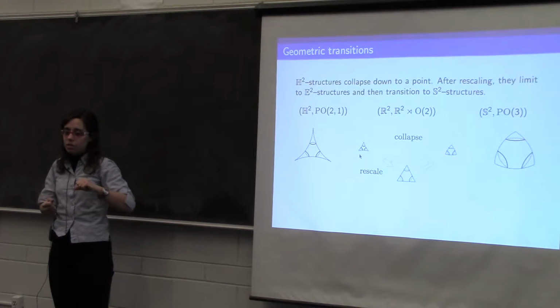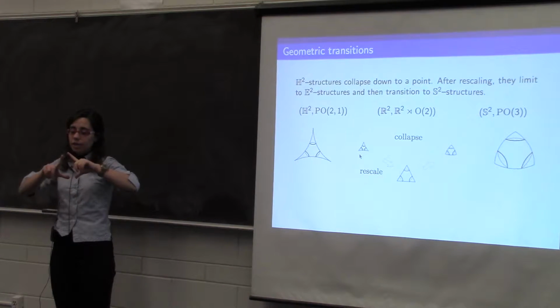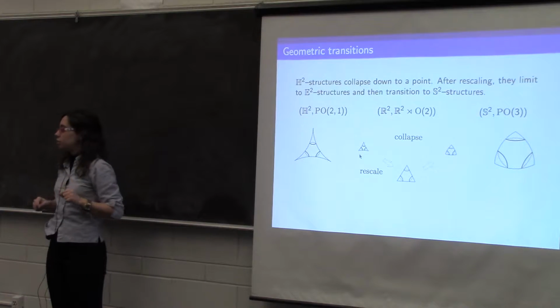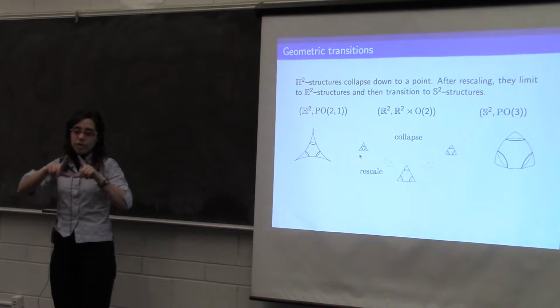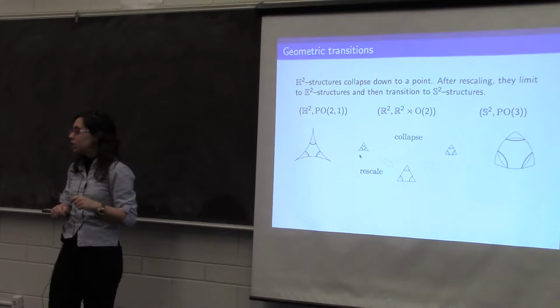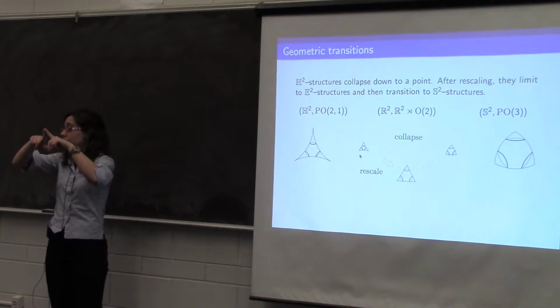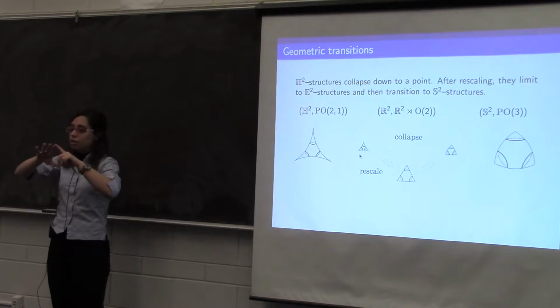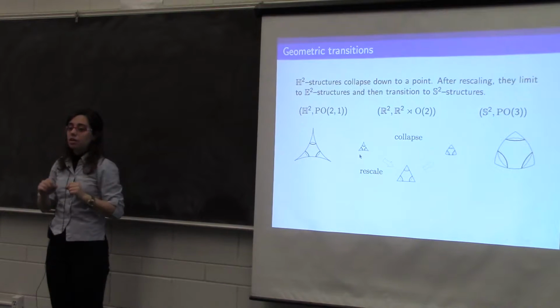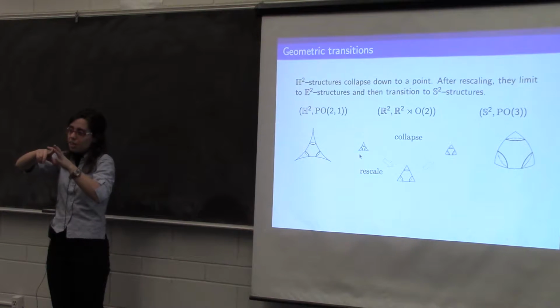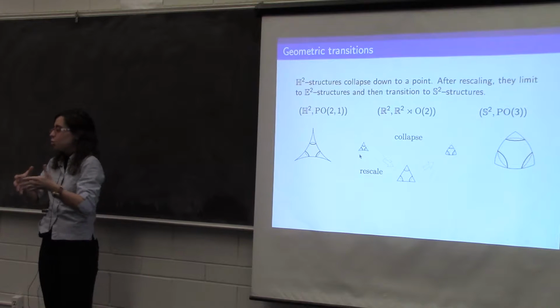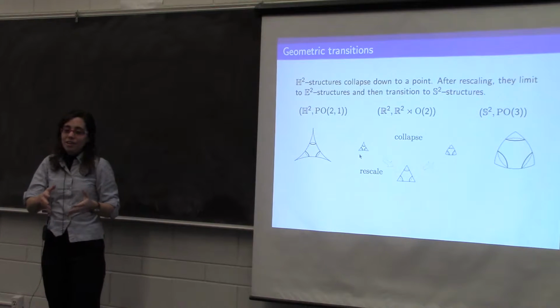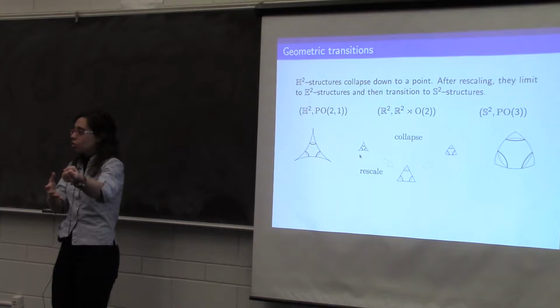Let's consider a very simple case. Let's take a hyperbolic triangle with three equal angles. You can start with an ideal one, so angle 0, and then you can increase the angle. When you increase the angle, the area of your triangle becomes smaller and smaller, until this triangle collapses.